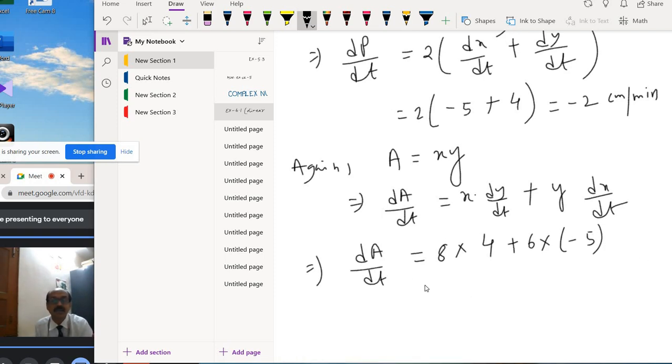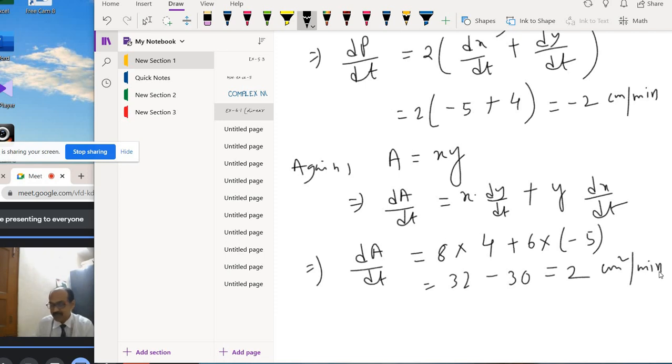So 4 into 8 is 32, minus, plus minus minus, 5 into 6 is 30, equals 2. So the area unit is centimeter square per minute.